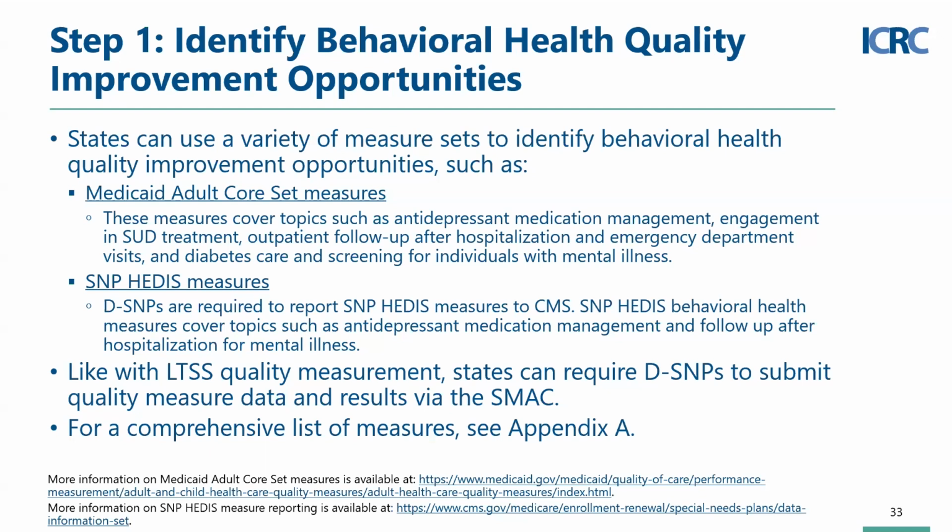That said, because states gather adult core set data from individual plans, states can narrow in on individual plans and populations, such as D-SNPs and dually eligible individuals. As described earlier, SNP HEDIS measures are reported at the plan level, meaning that the results represent the performance of individual D-SNPs.